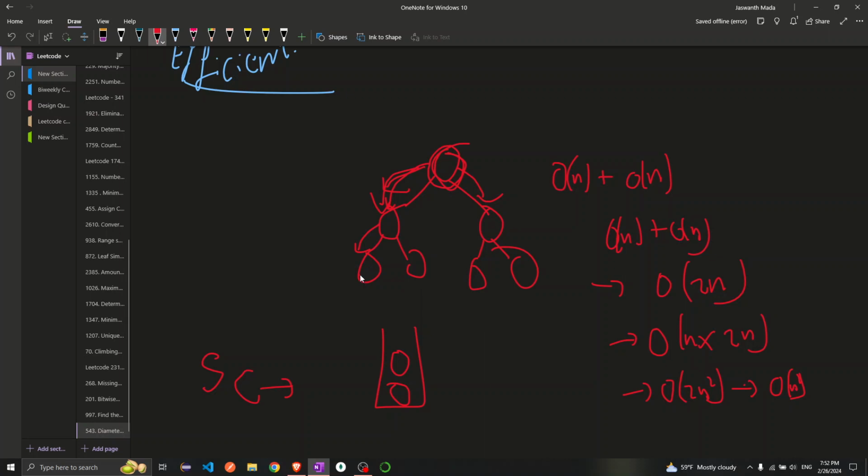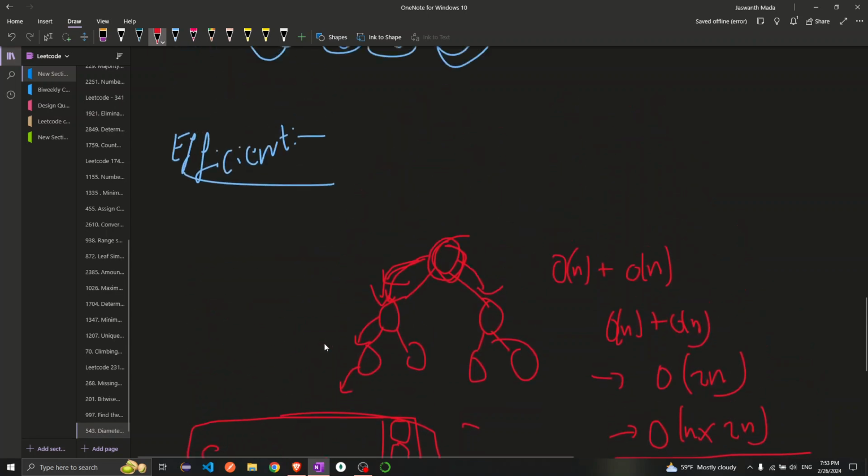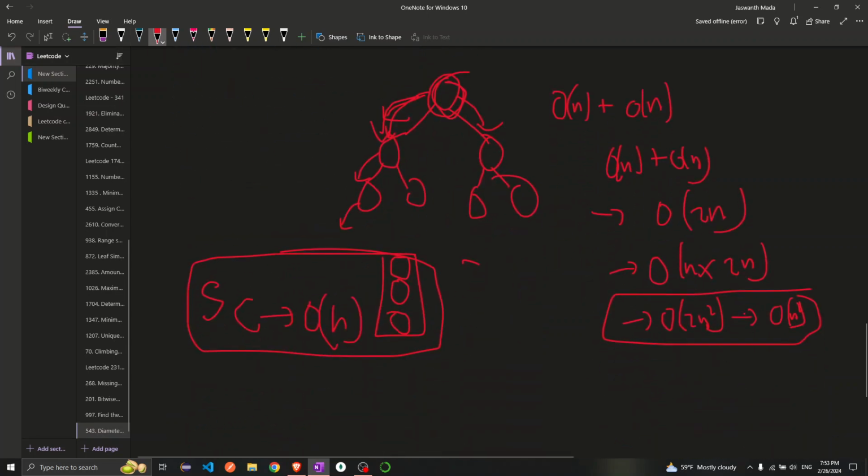If I'm at this node, I'm going to here and I'll store this node in my stack. So at most the stack can store order of the maximum height of the binary tree. So the time complexity is order of n square. The space complexity is order of h in the worst case, right? So now let's look at the efficient solution.